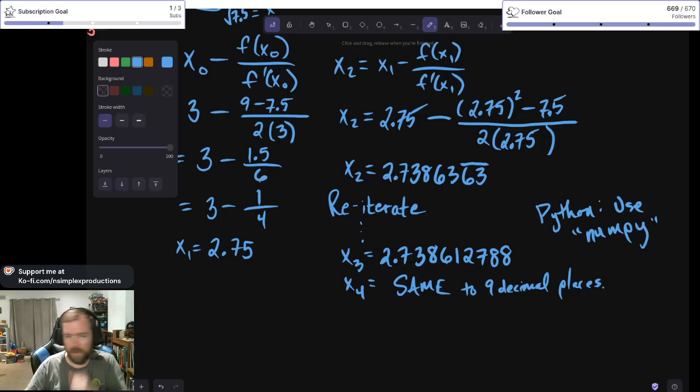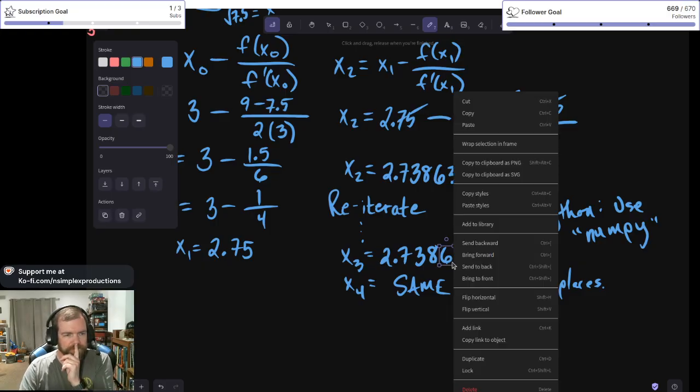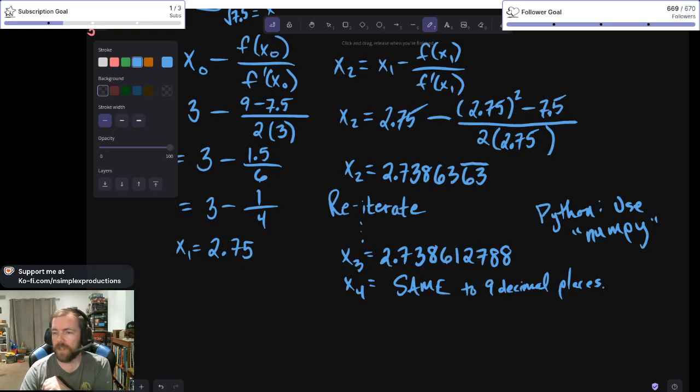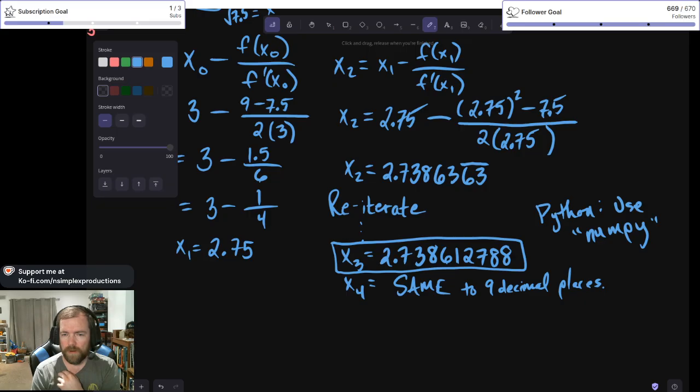So yeah, it's fine. So this is going to get us that particular value. All right, what was the actual value then? The square root. I mean, it's that decimal approximation. Yep.